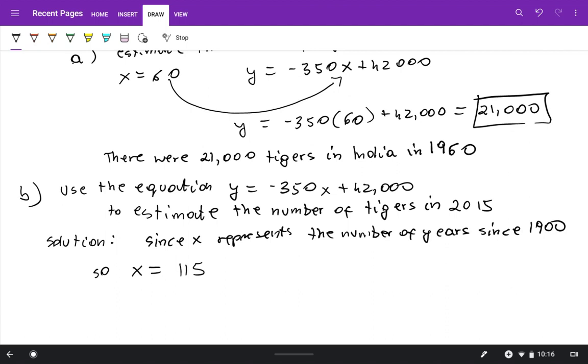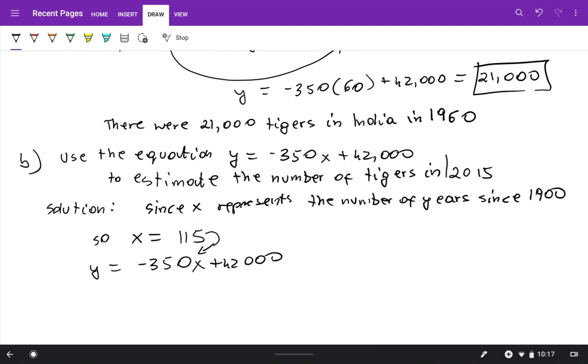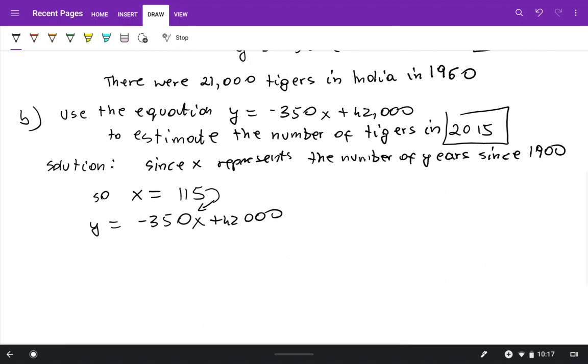So 2015 is 115 years since 1900. Okay, so now we're going to use the equation y is equal to negative 350x plus 42,000, and you're going to replace x with 115. So not 2015. Just remember, 2015 is 115 years since 1900.